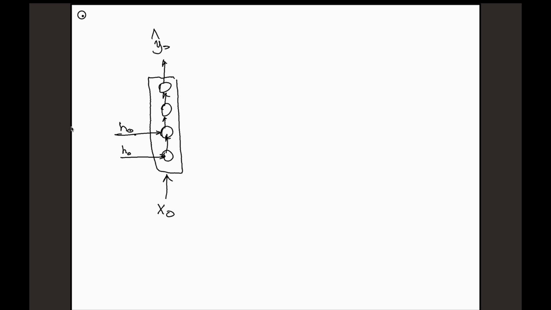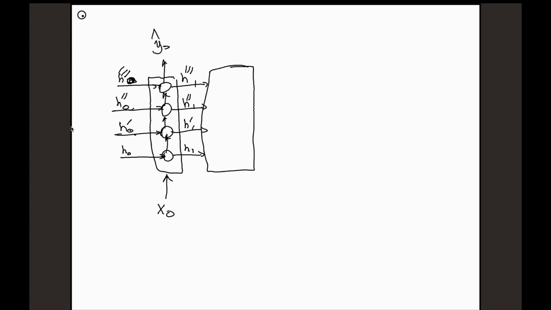These are the hidden states of every single one of these hidden nodes. And when you roll it, each one of them is going to pass a hidden state to the next layer, using x1 as input, and then you have this network create y hat 1.